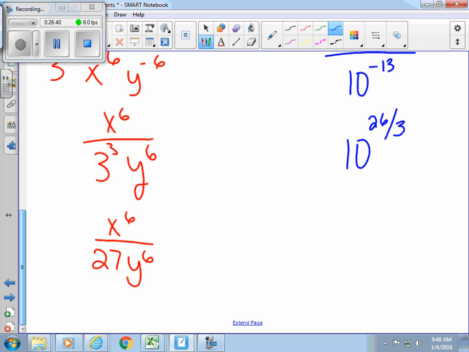Say if I had 10 squared over 10 to the fifth, wouldn't it be faster to subtract those exponents? Yes, it is. So yes, canceling is something that exists. Just be careful with how you apply that. You can only cancel something that has the exact same exponent.